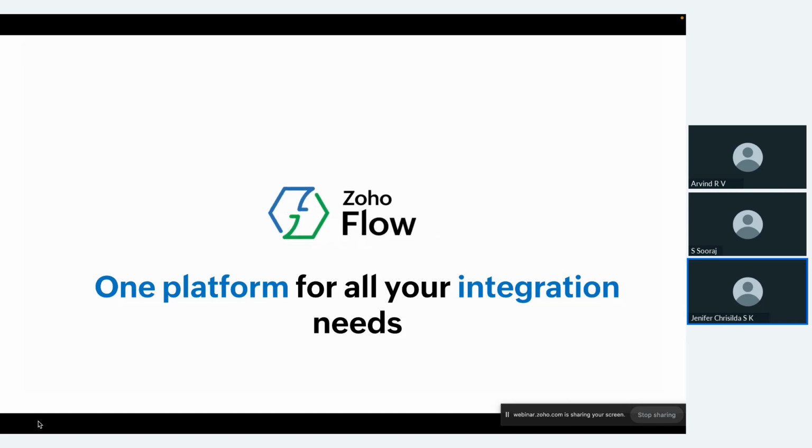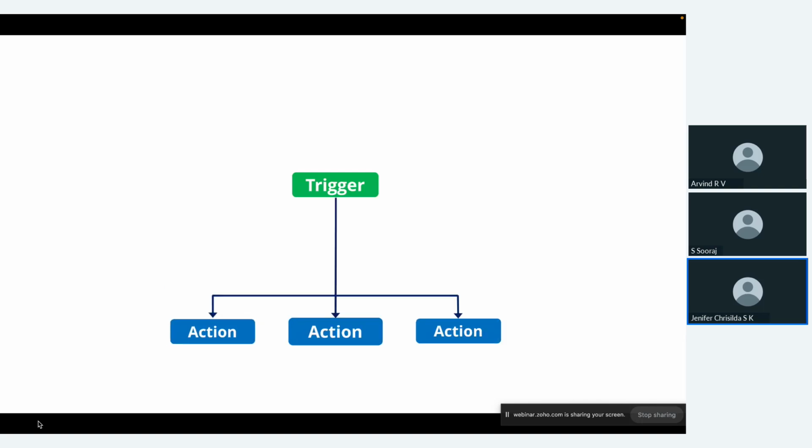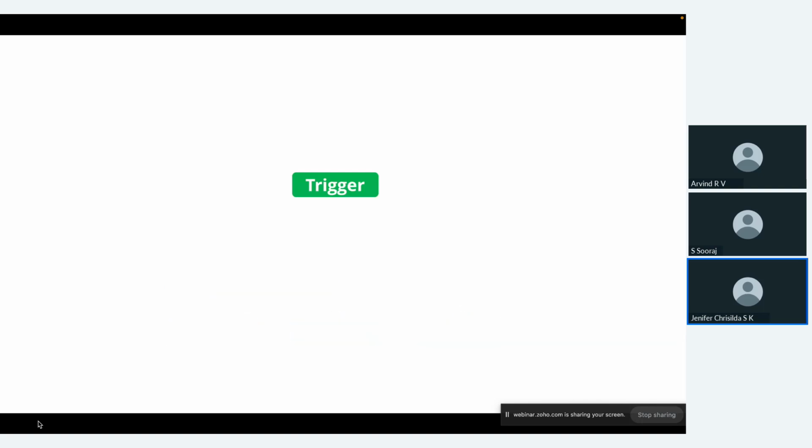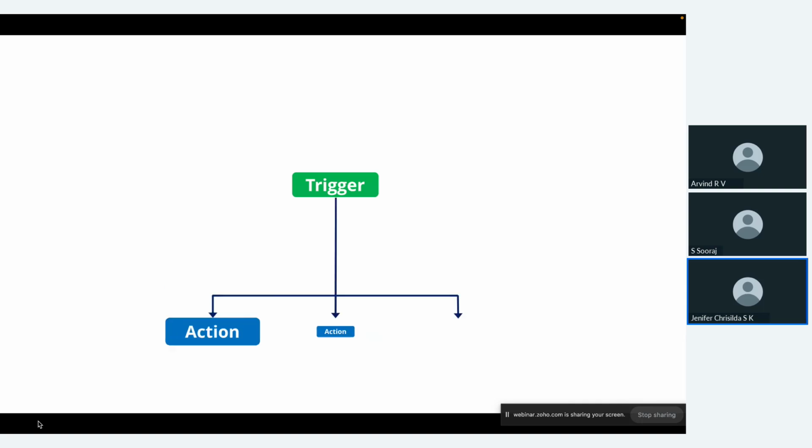Zoho Flow also allows different apps to communicate seamlessly, ensuring there is real-time data transfer across sales, marketing, customer support, and more teams. Zoho Flow works through a trigger and action-based system. When a trigger event occurs in one app, Zoho Flow automatically performs actions in other connected apps.